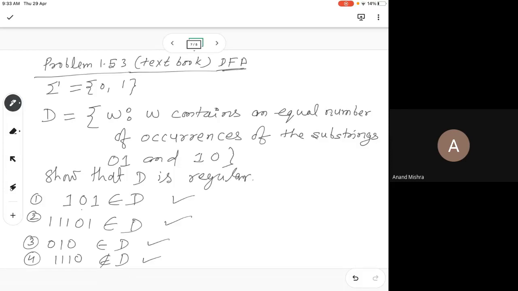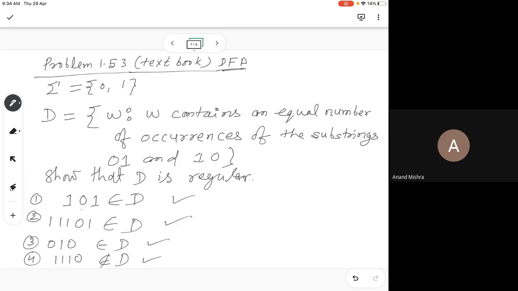So what is essentially happening is that whenever there is 10, next it is looking for 1. That's all, right? Whenever you read 10 and you reach some state, in that state you just have to look for 1. And so you are actually not counting.